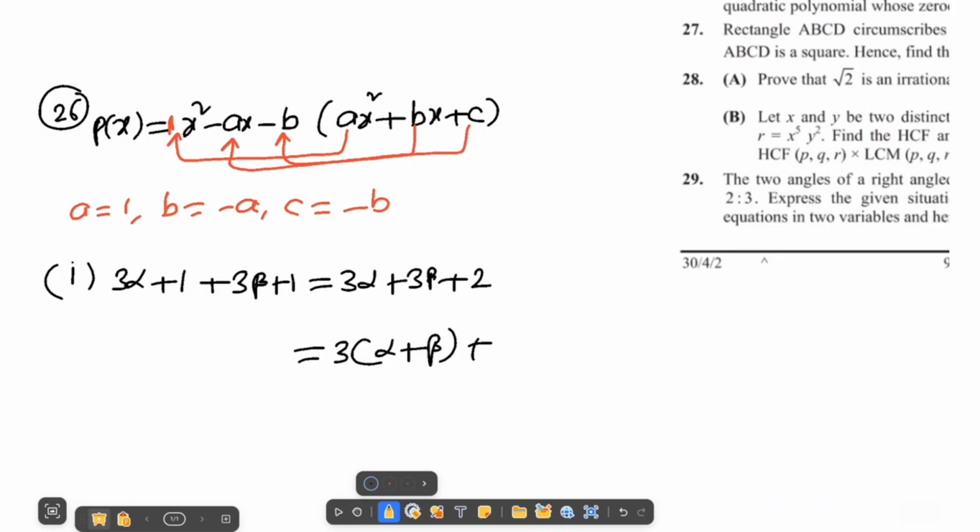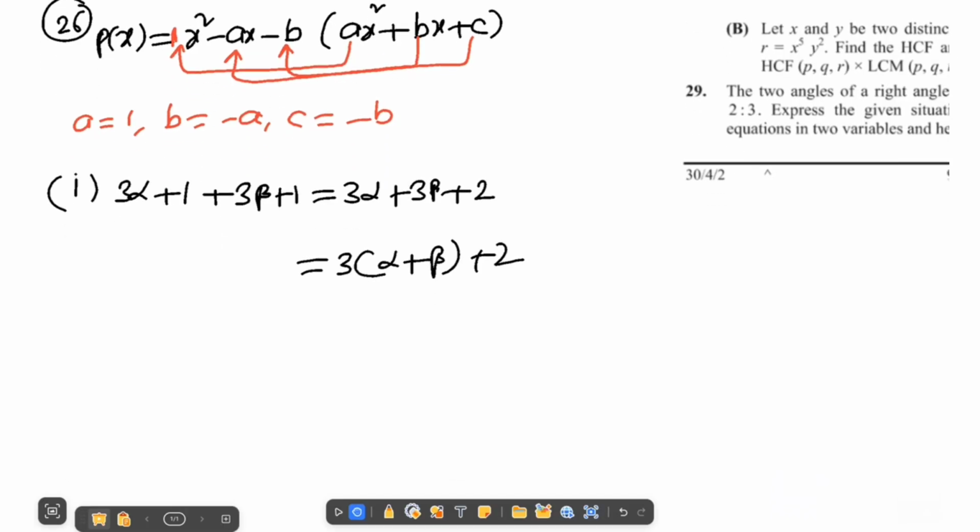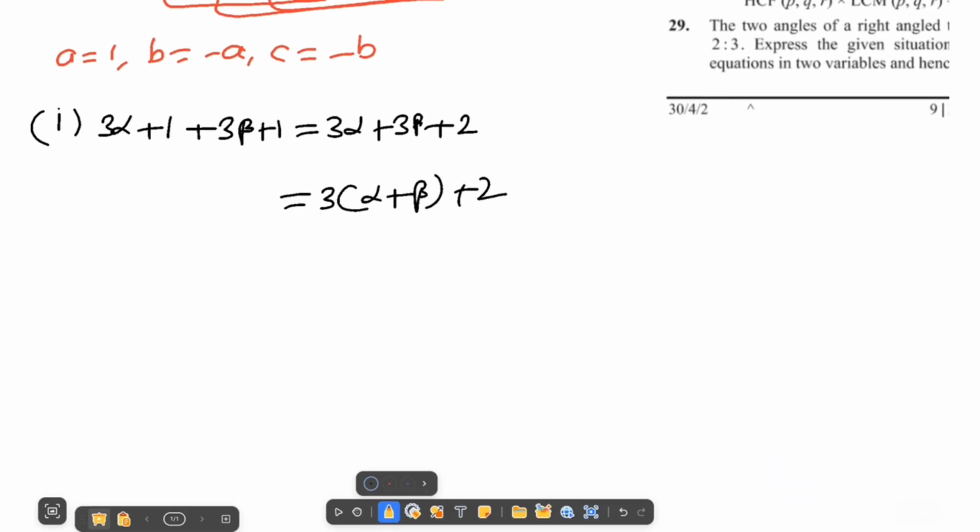If you take 3 common, 3 times of alpha plus beta, plus 2. Now what is this alpha plus beta? Sum of the zeros. 3 times of alpha plus beta is minus b by a, plus 2. Sum of the zeros is equal to minus b by a. Here 3 times of minus, what is b here?